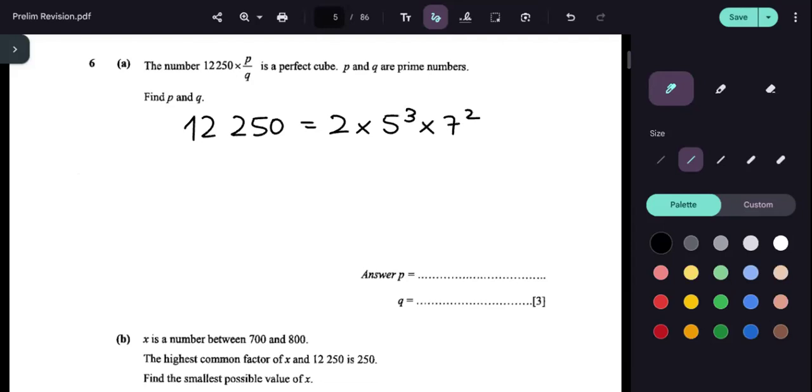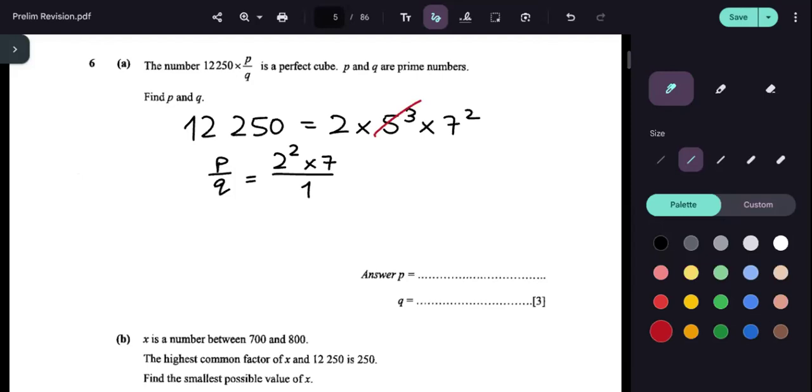Right now I have 2 to the power 1 and 7 squared, so P over Q is 2 squared times 7 over 1. 5 cube is already clear. We just need 2 and 7 to be a perfect cube.